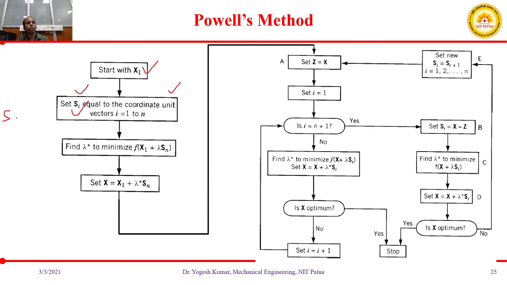Your first search direction is s1, then the second search direction is s2. Suppose you have a function like this, and you have directions s1 like this, s2 like this, s3 like this. These are the search directions where you will be searching for the minimum or optimum value of your given function.